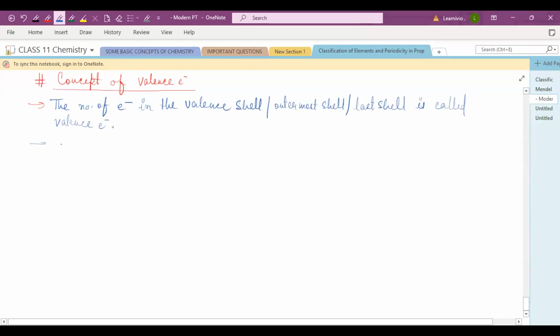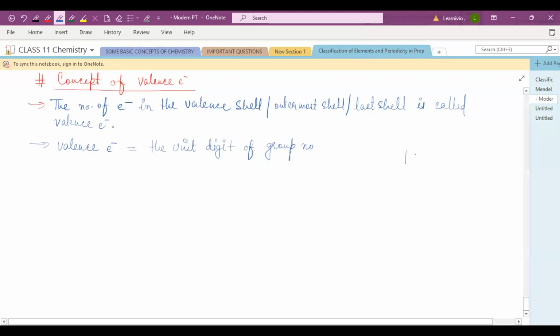Basically, the valence electron is equal to the unit digit of the group number. If the group number is, suppose, 15, then your valence electron is the unit digit, meaning 5 only.